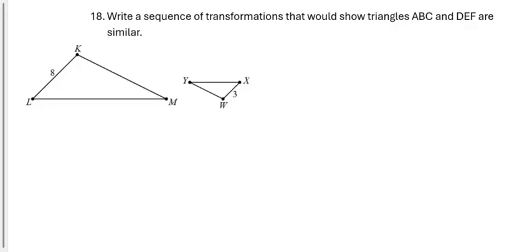Problem 18, describe a sequence. One step would be a rotation of 180 degrees around point X clockwise. And then I would translate the shape using vector X to L, which would put the shape here.